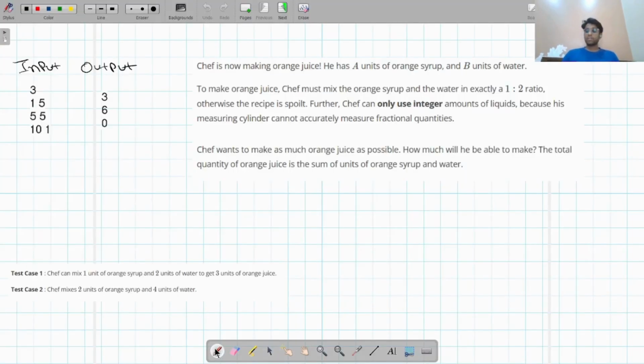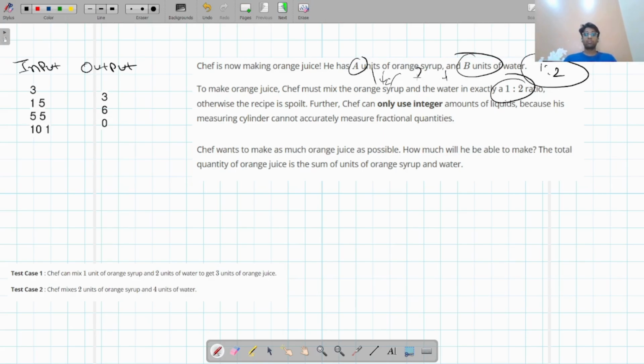So guys, this question is pretty much straightforward. It says that Chef is currently making orange juice and he has some A units of orange syrup and B units of water. To make orange juice, Chef must mix the orange syrup and water exactly in 1:2 ratio. So one part should be the orange syrup and the second part should be the water.